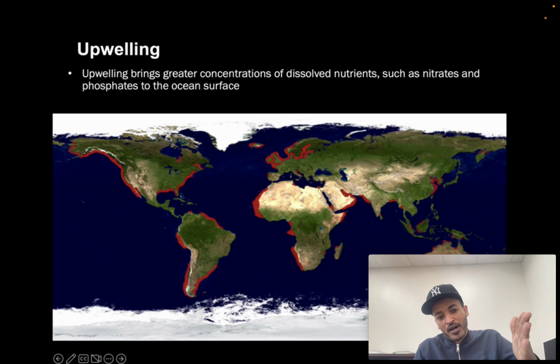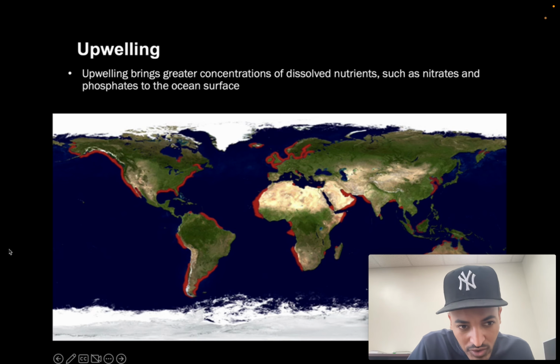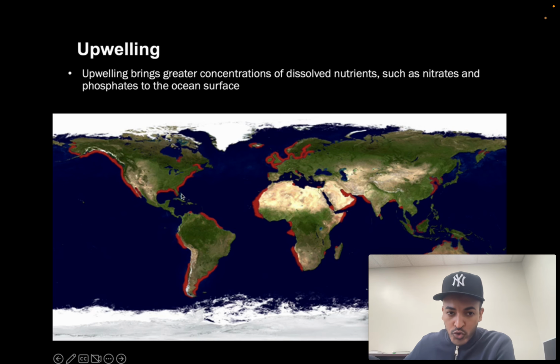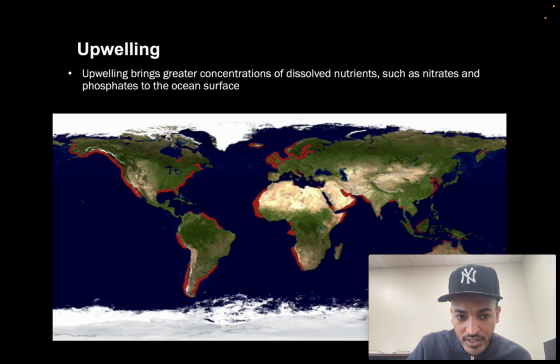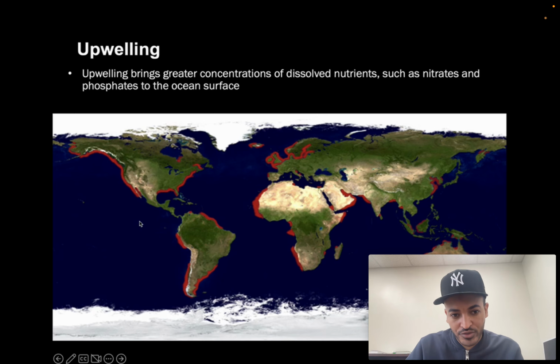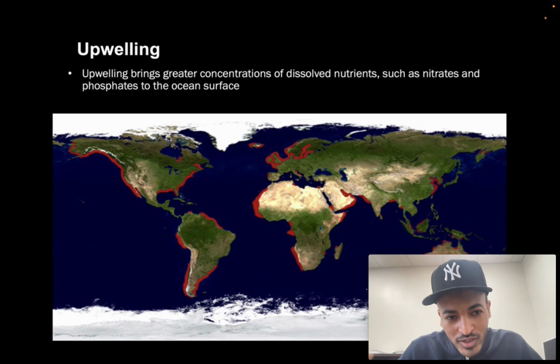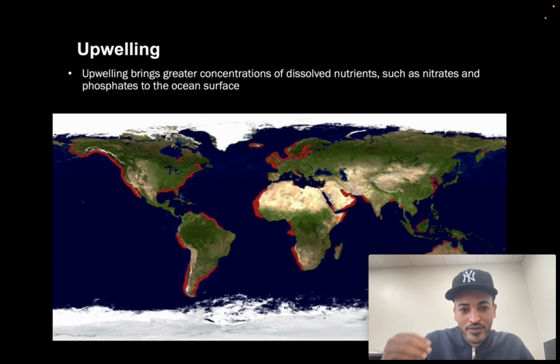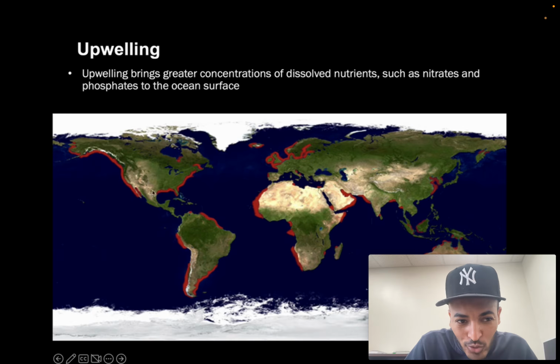We're talking about an interaction between the coasts, as you can see here, and the surface winds, right? The surface winds are important elements in this puzzle, right? So these are the upwelling zones we have.